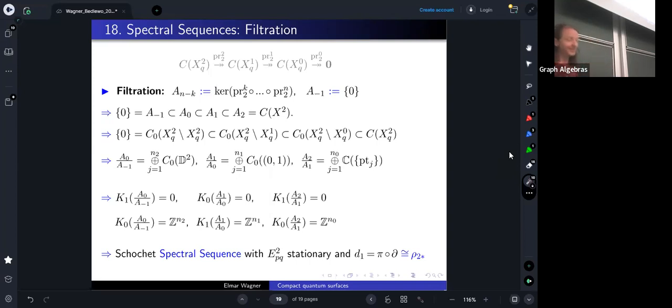For higher dimensional projective spaces, the E2 page will not be stationary, because the cohomology has torsion. You cannot reconstruct the proof. You can get only the groups associated with the graded object.